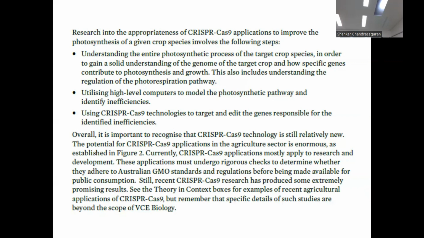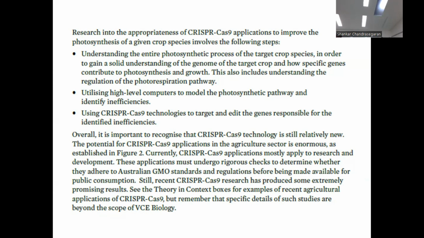In order to gain a solid understanding of the genome of the target crop and how specific genes contribute to photosynthesis and growth, we need to understand in depth how all of these different components work together, and also understand how the regulation of photorespiration is happening. Because if we make one misstep, one mutation could cause the plant to have a lower efficiency, or it could cause a harmful mutation as well.